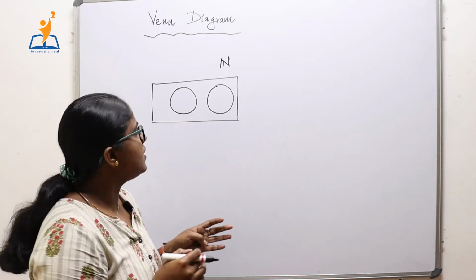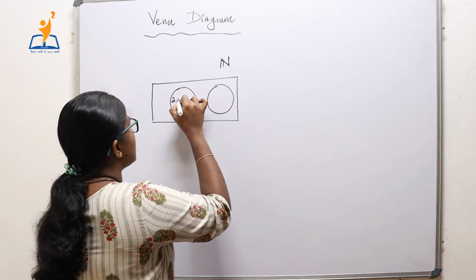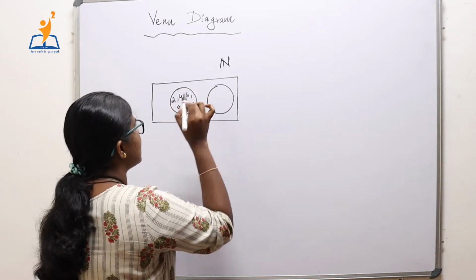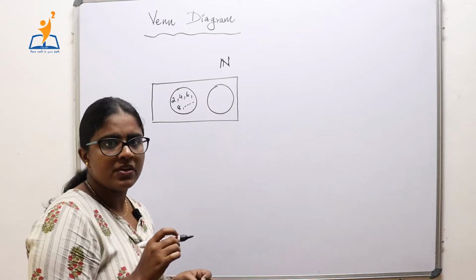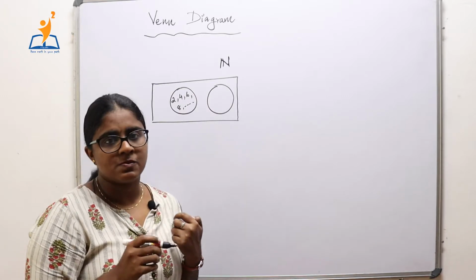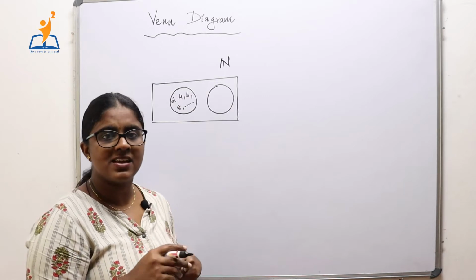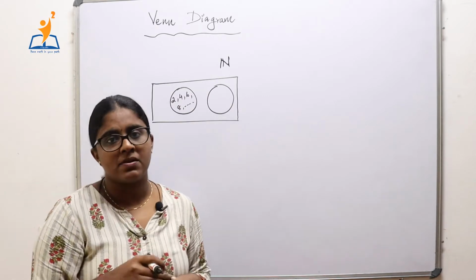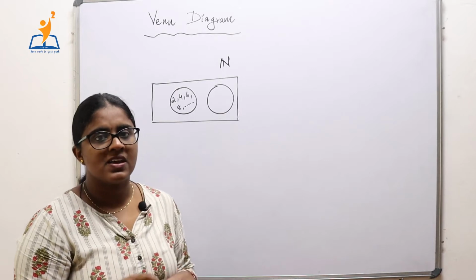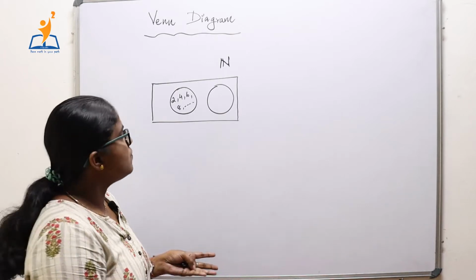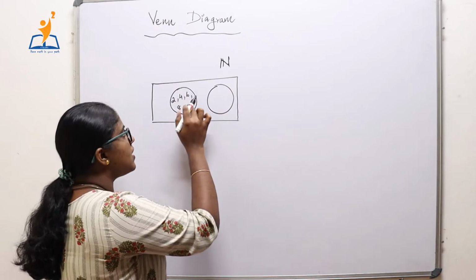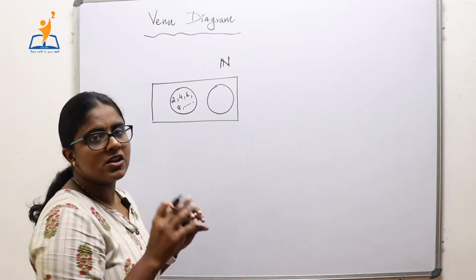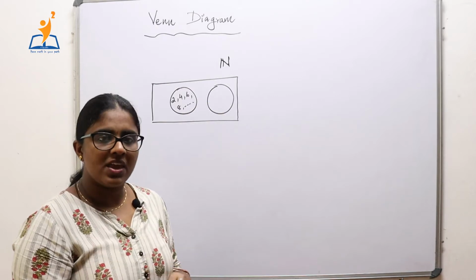Now we know what are the subsets of natural numbers. We know that the set of even numbers, that is 2, 4, 6, 8, etc., are the set of even numbers, and it is a subset of our universal set, that is natural numbers. Now what are the remaining numbers in the set of natural numbers? They are odd numbers, which means that does not belong to this particular circle because this is a subset which denotes the set of even numbers.